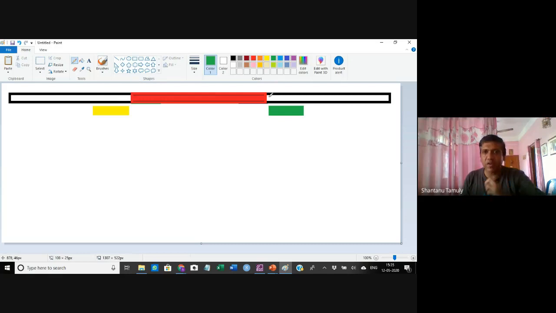This other part of the DNA is highly polymorphic. There is one highly polymorphic exon responsible for MHC. But this part of the DNA is not polymorphic. It is the same in all the individuals, while this part is highly polymorphic and different in different individuals. So you make a primer against the non-polymorphic part of the DNA.